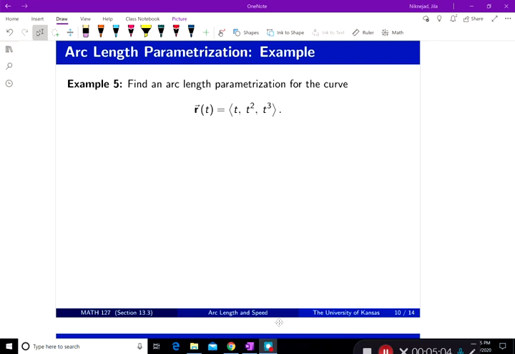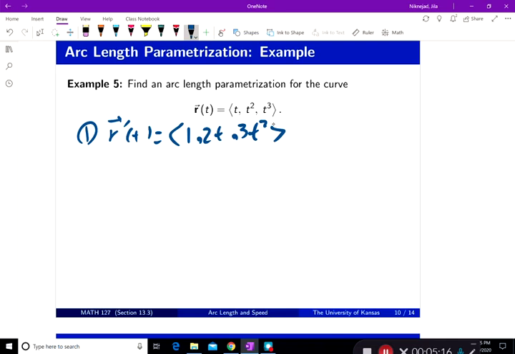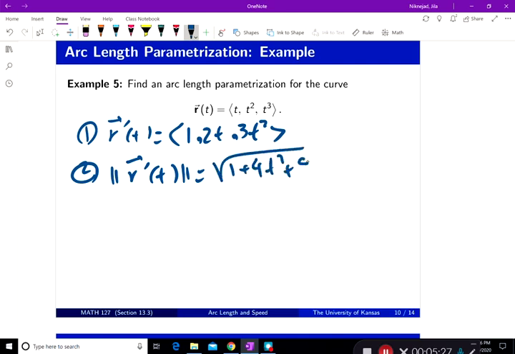As we go, the first step is taking the derivative, which is going to give me 1, 2t, and 3t squared. Then you want to find the magnitude, and it's going to be square root of 1 plus 4t squared plus 9t to the 4th.